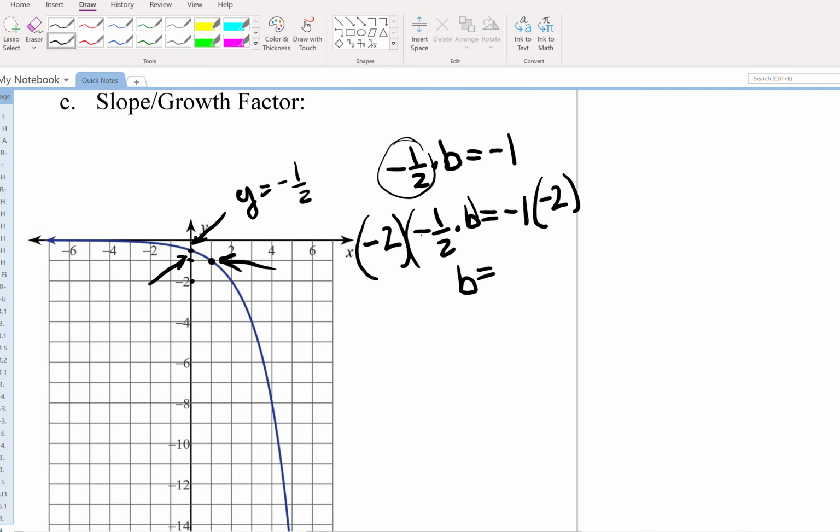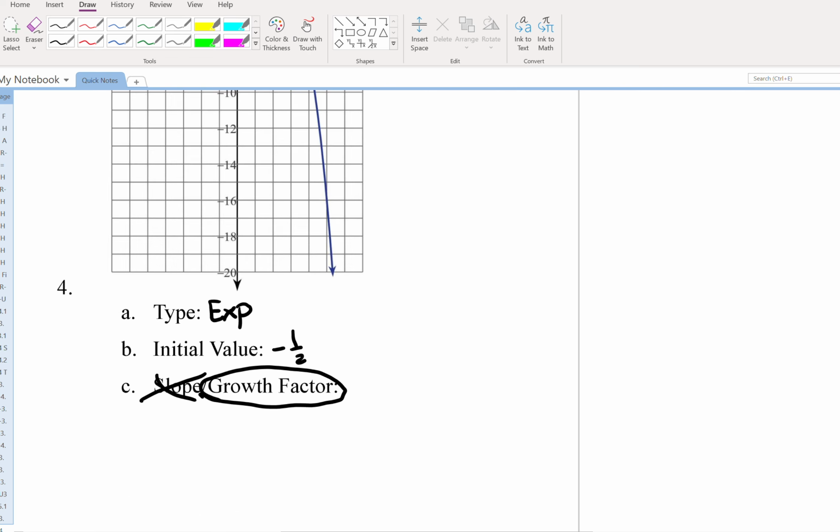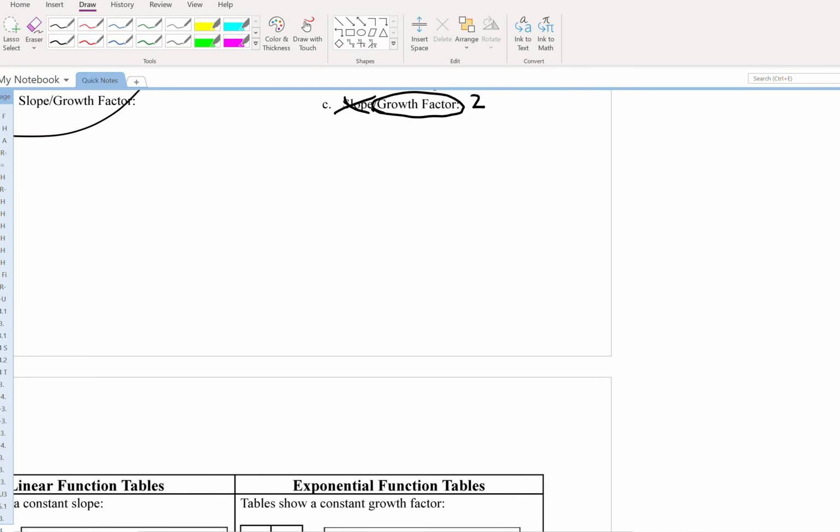So negative 1 times negative 2 is a positive 2. My value of b is 2, which means my growth factor is 2. And this equation would look like y equals negative 1/2 times 2 raised to the power x. All right.